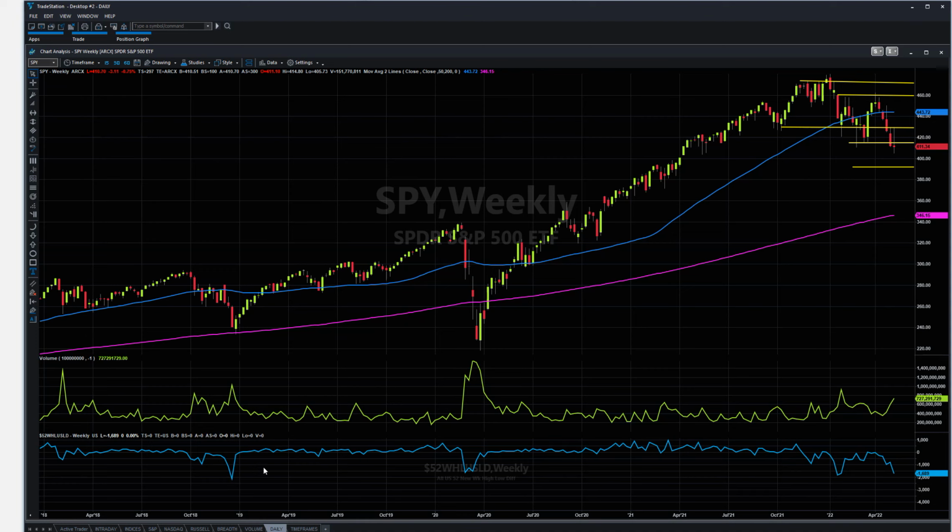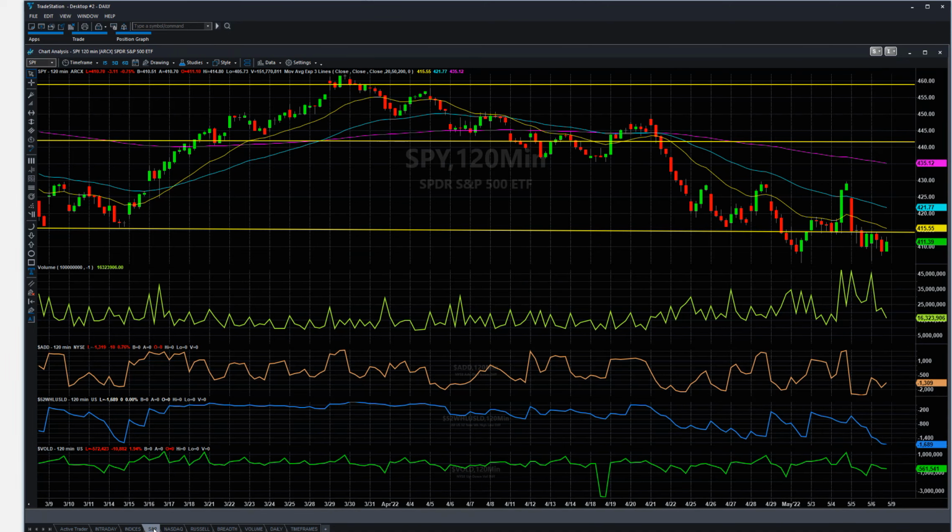Now, looking at where we are in terms of the daily chart, this is the daily chart that I've been using for quite some time, and you can see the rotational pattern that the spiders have been in for quite some time. And it is important. Now, looking at this, we've looked at a monthly chart, a weekly chart, and a daily chart, and the daily chart is basically in rotation.